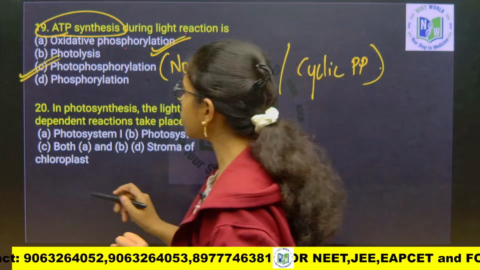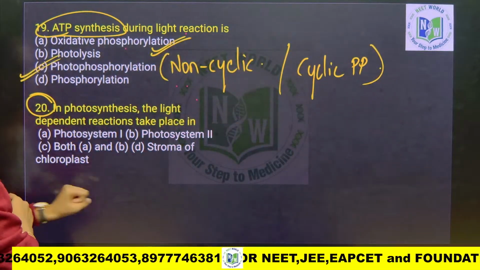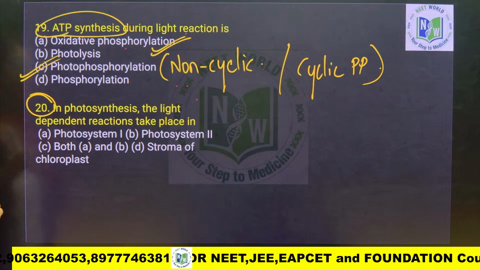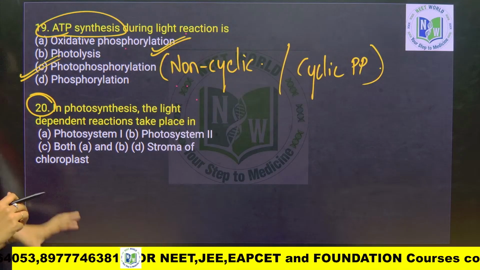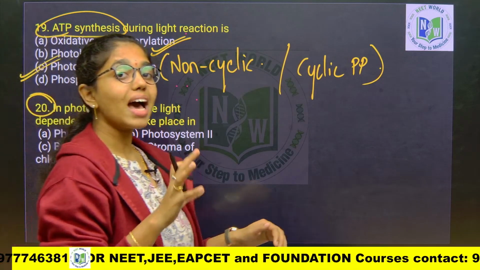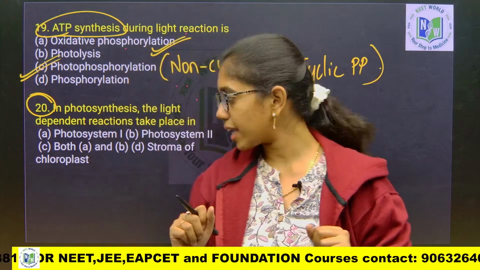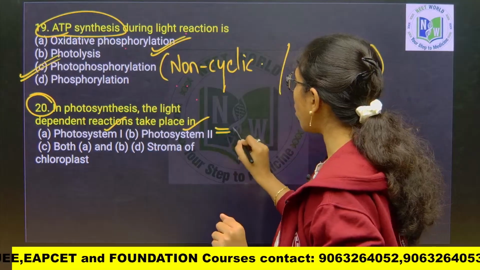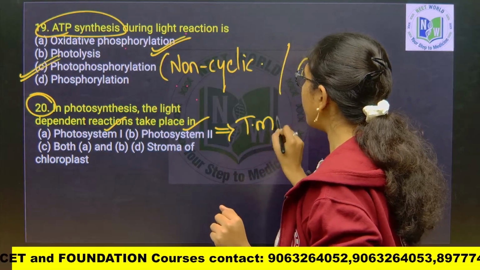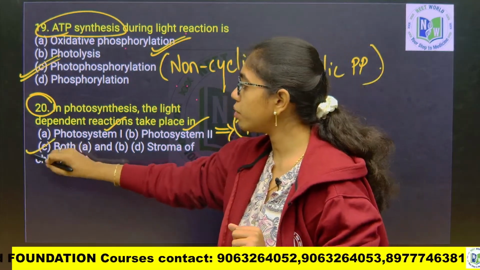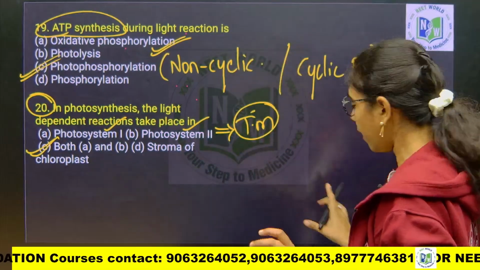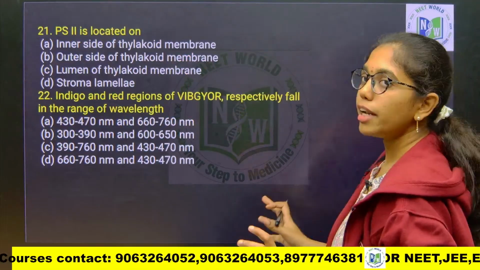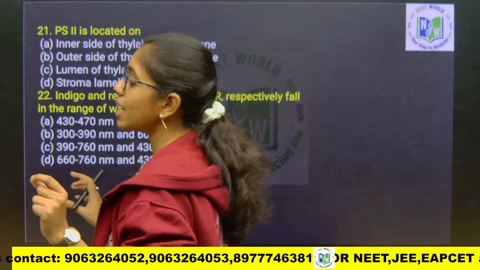Next question. In photosynthesis, where do the light dependent reactions take place? In both photosystem 1 and photosystem 2 of the thylakoid membrane. So the option will be option C. Here you see, photosystem 2 is located where?